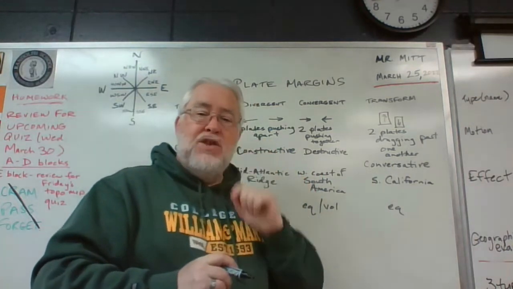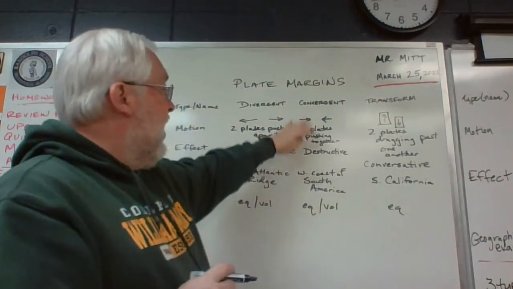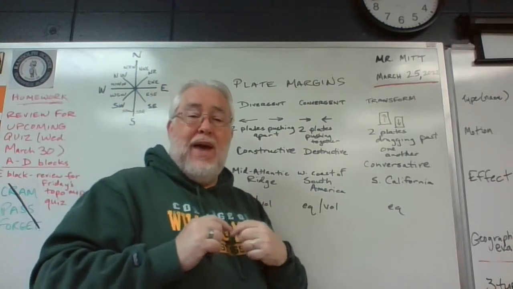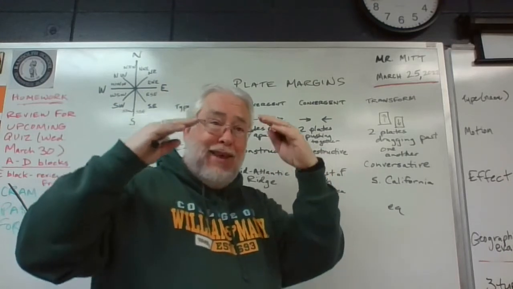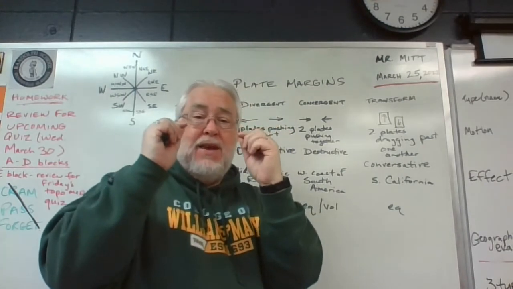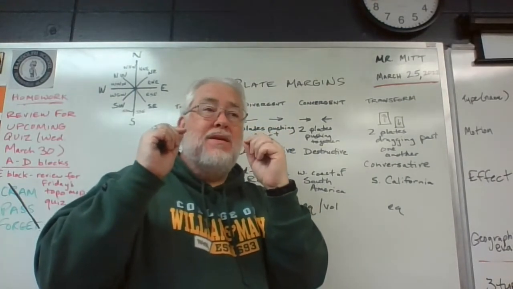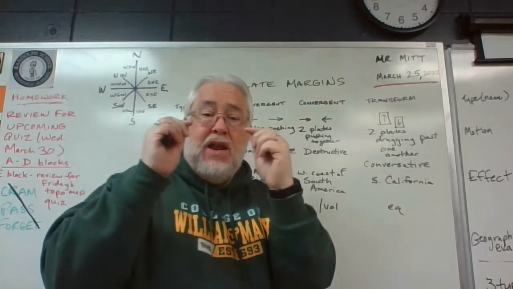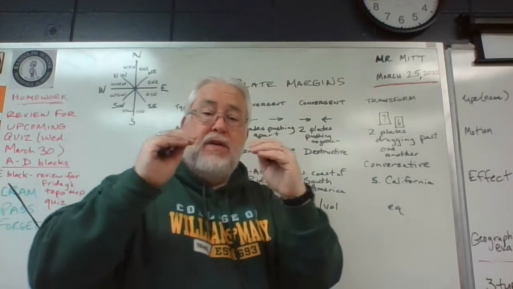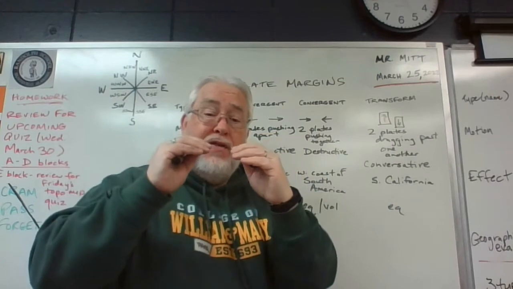One thing I want to remind you is that another place that plates converge is where we have lithospheric plates that have the same density. And of course, one of those is continental collision. Continental lithosphere colliding with continental lithosphere.